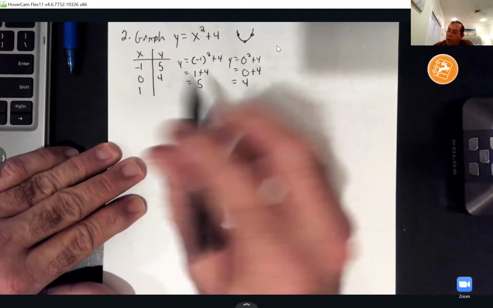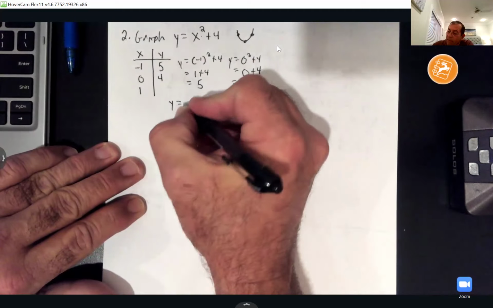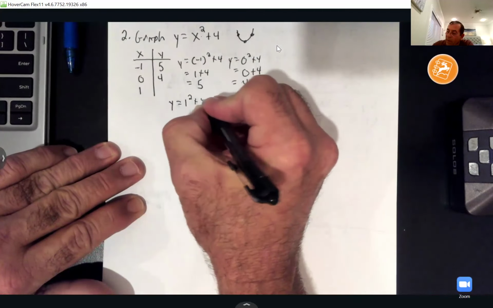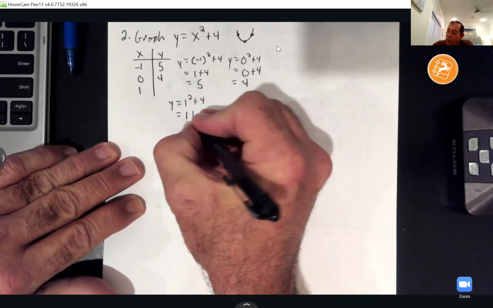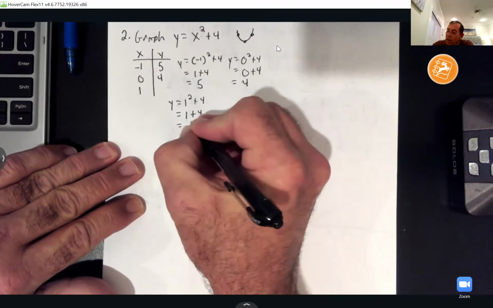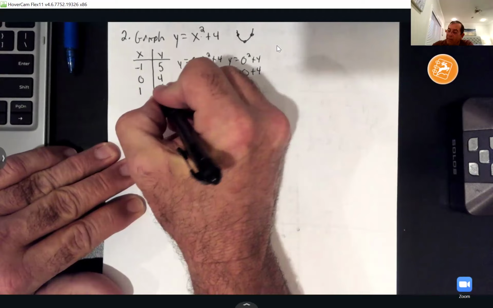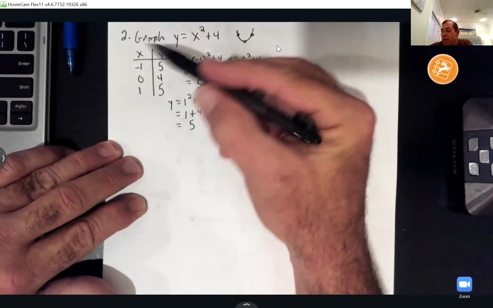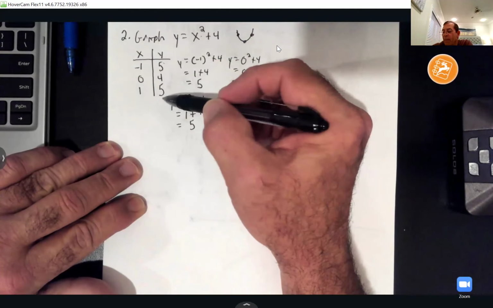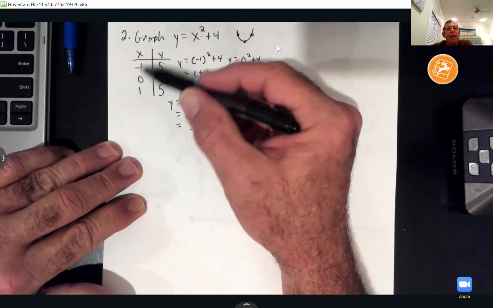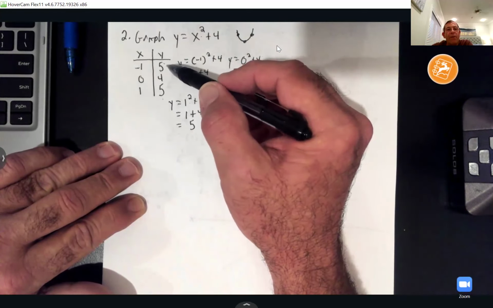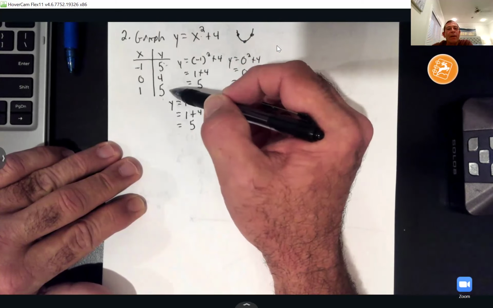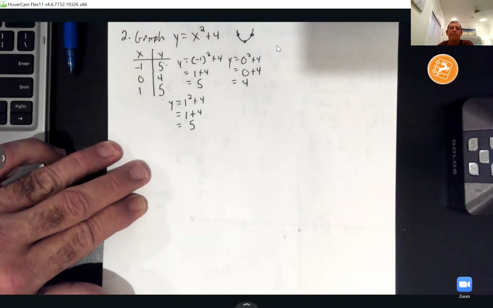All right, now we put a 1 in. All right, 1 squared is 1, and we get 1 plus 4, which gives us 5. So on your number 2, if you're using these 3 x values, the y value for -1 has to equal the y value for +1 on these, okay?